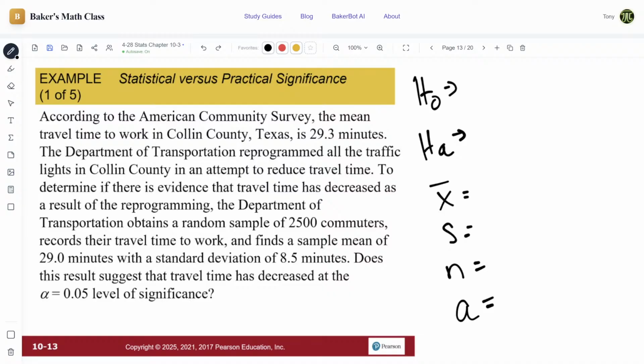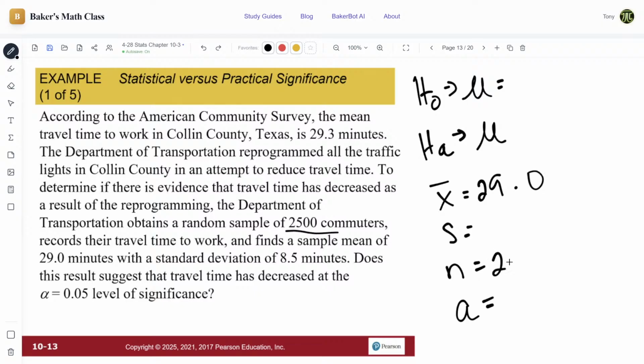So when you're looking at these problems, that's all the information you need to pull out of them. X is 2,500? No. X is 29 minutes.